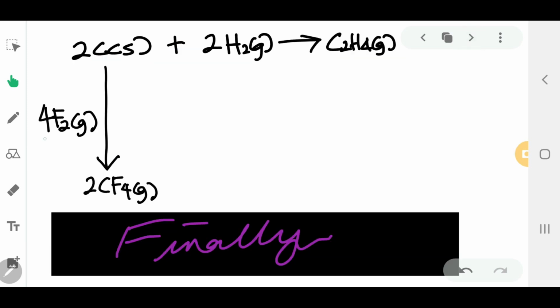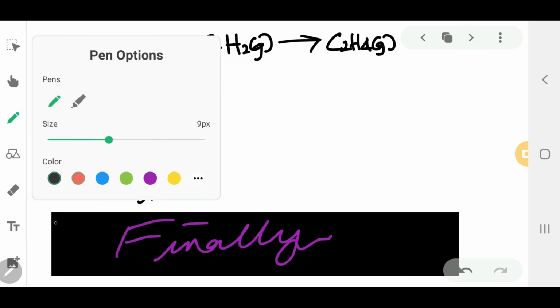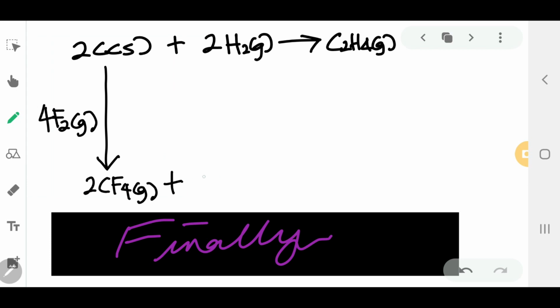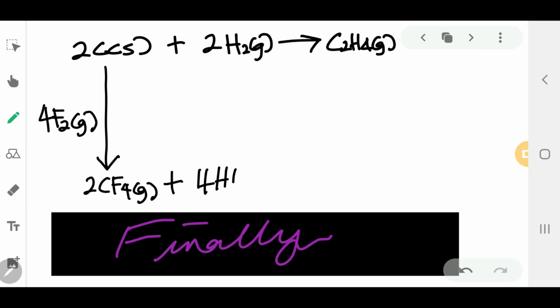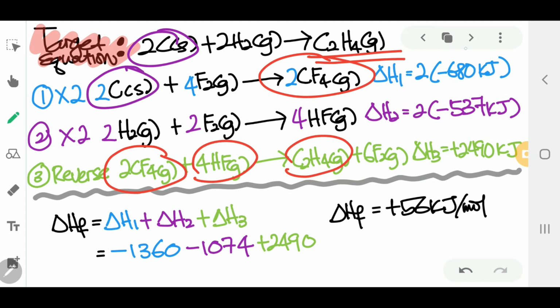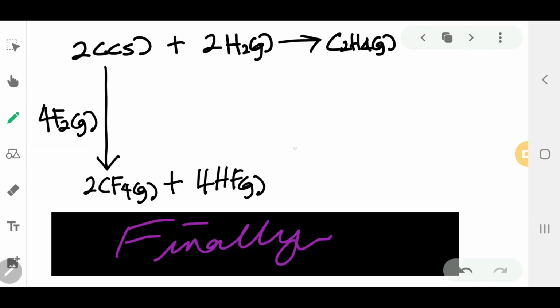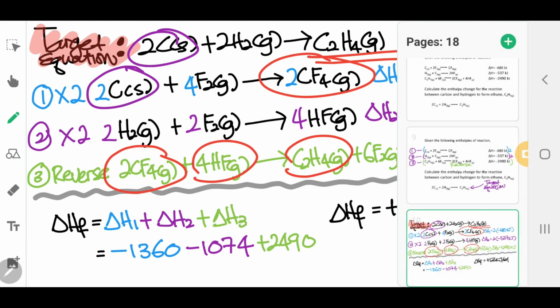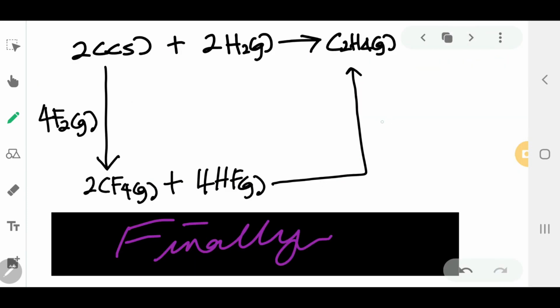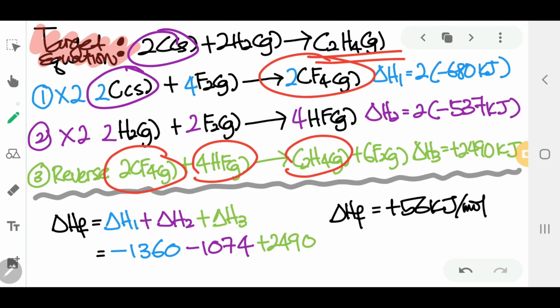Okay, so we're going to write plus 4HF gas to make C2H4. And on the side of the arrow, you will have 6F2 gas. Okay, you have 6F2 gas. And then you've done that.